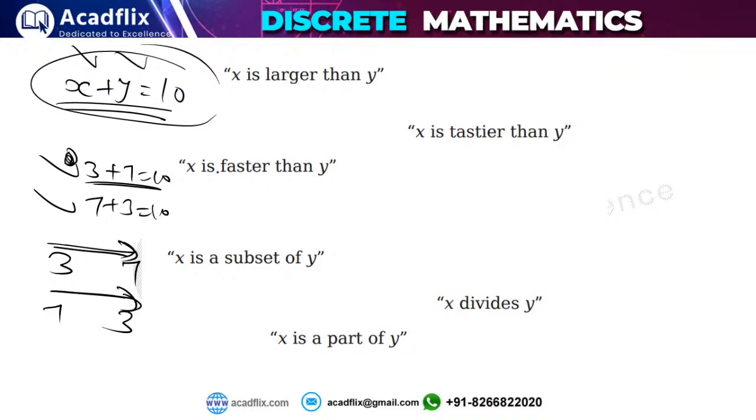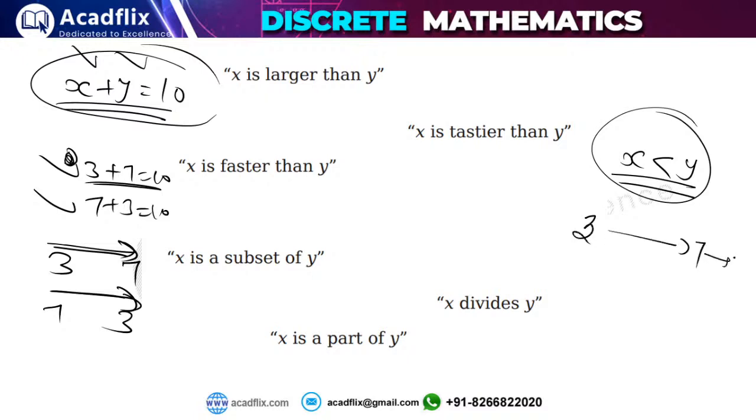But if I define the relation x less than y, now there is ordering. For example, 3 will come here, 7 will come here, 10 will come here, and so on. So this relation is an order relation, and that one is not. Are you getting my point?